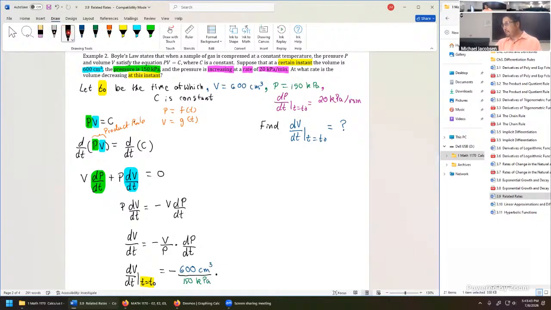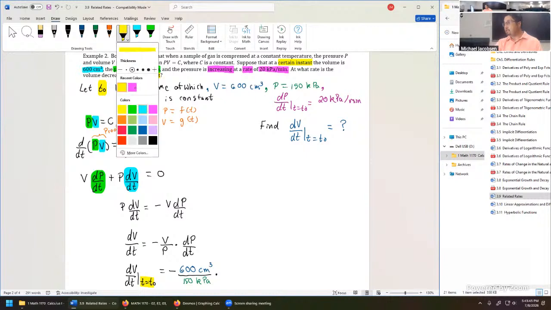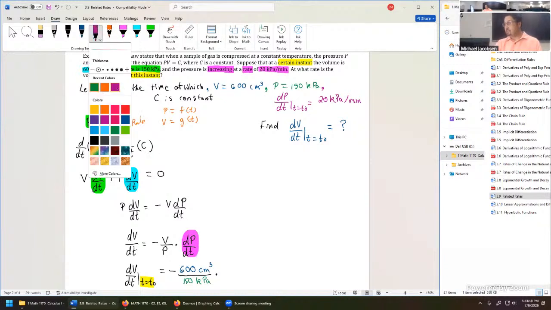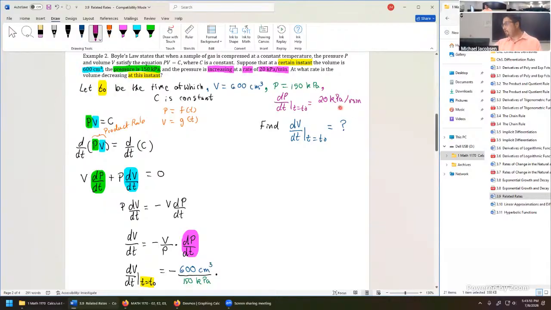Then it's multiplied by the derivative, dP/dt. We have the value for that one as well. dP/dt is 20 kilopascals per minute, so I'll go times 20 kilopascals per minute.